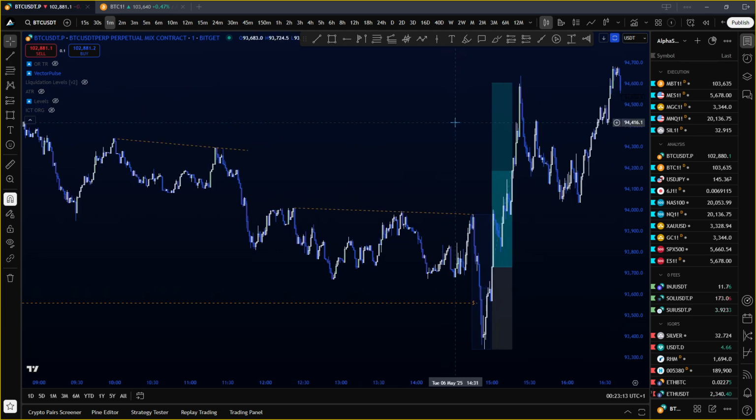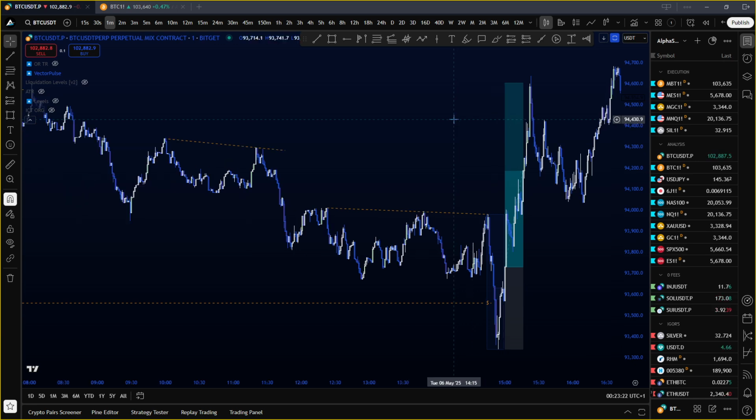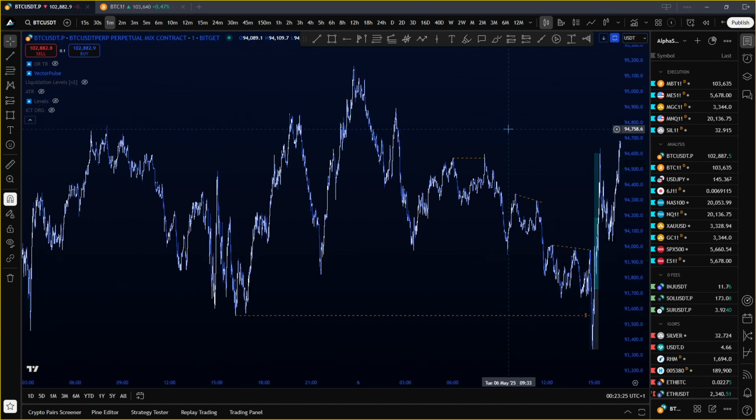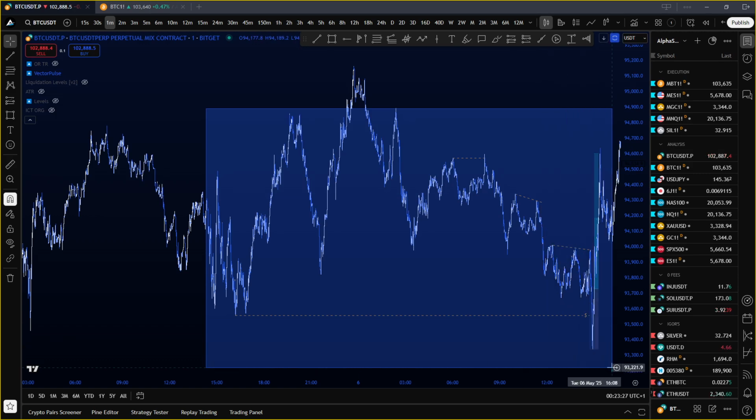So that is the only situation where you open up a trade inside the range or while the range is forming. Because in any other situation, you wait the 15 minutes.